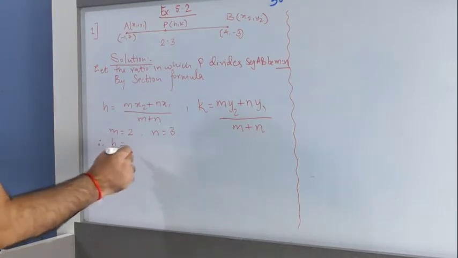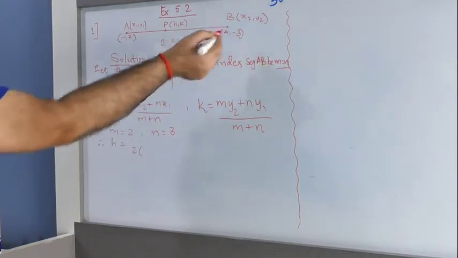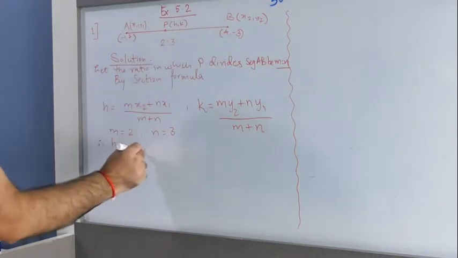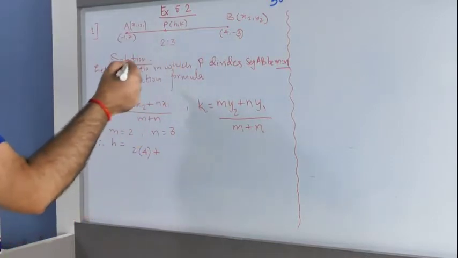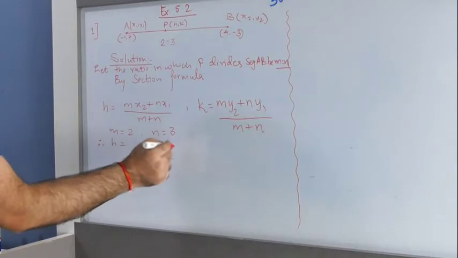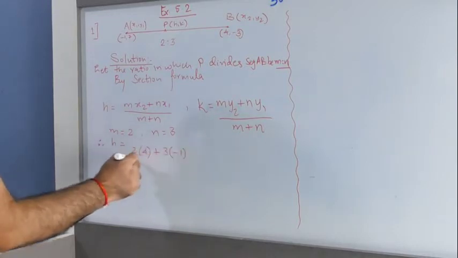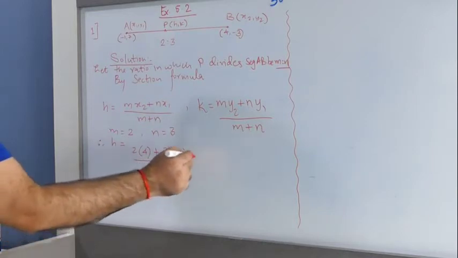So h is going to be 2 into x2. What is x2? 4. 2 into 4 plus n value, where is n? 3 into x1, minus 1, divided by 2 plus 3.